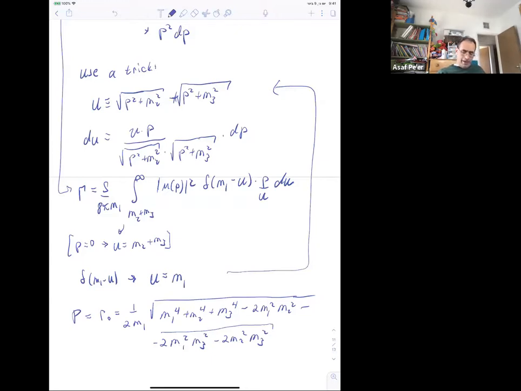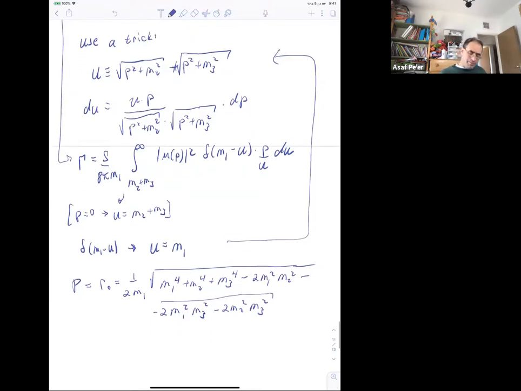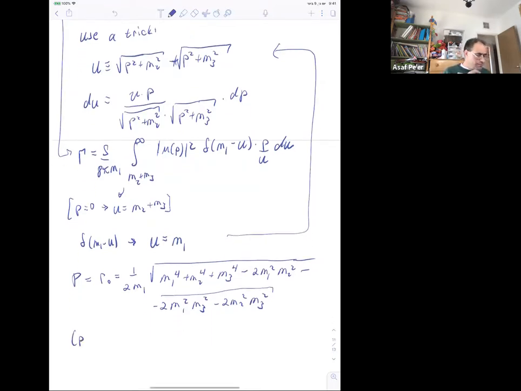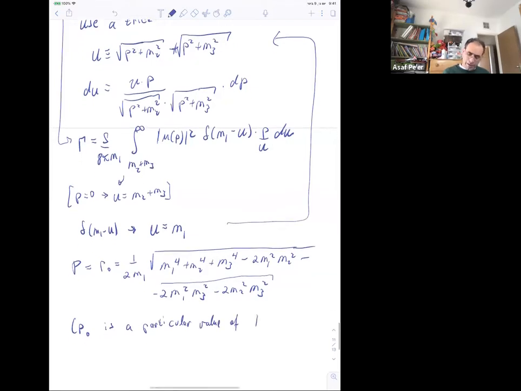Remember, p0 here is a particular value of the magnitude of p2, which is consistent with the conservation of energy.